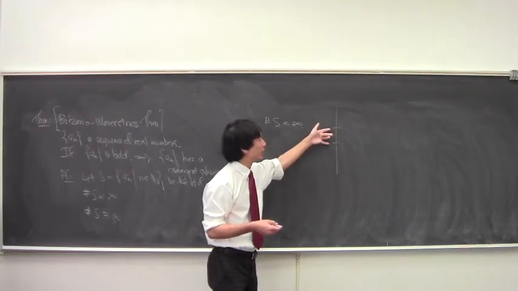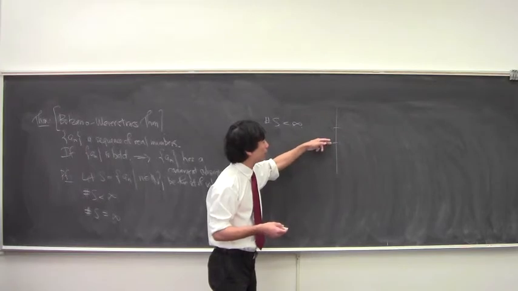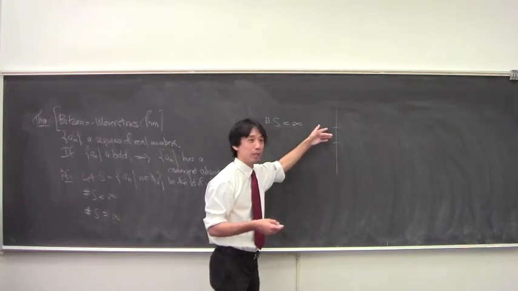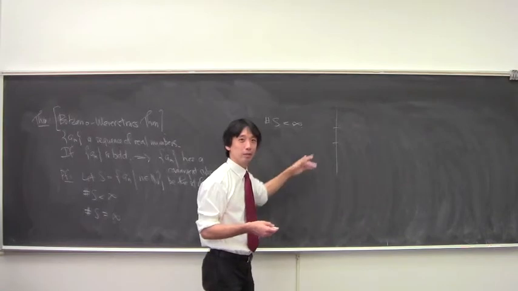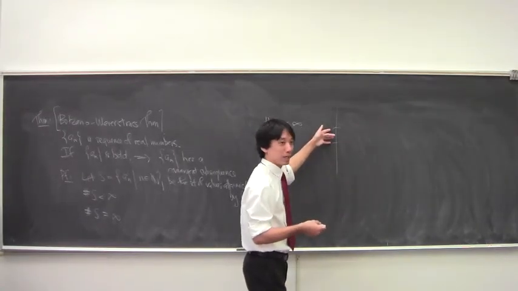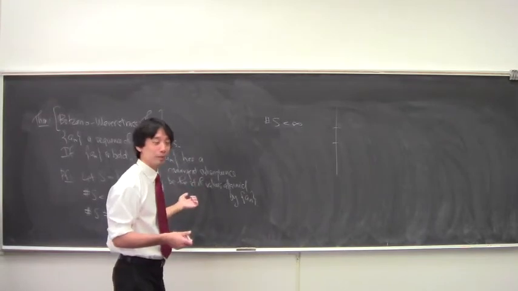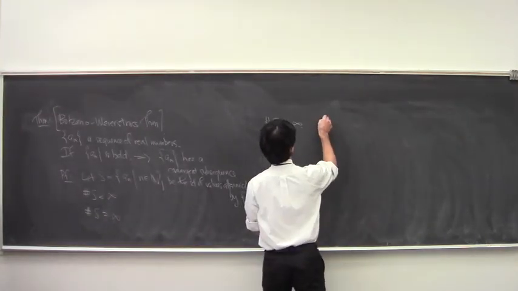What's going to happen? Well, at least one of these values has to be hit infinitely many times, right? Because if they're all hit finitely many times, then you have only a finite sequence.